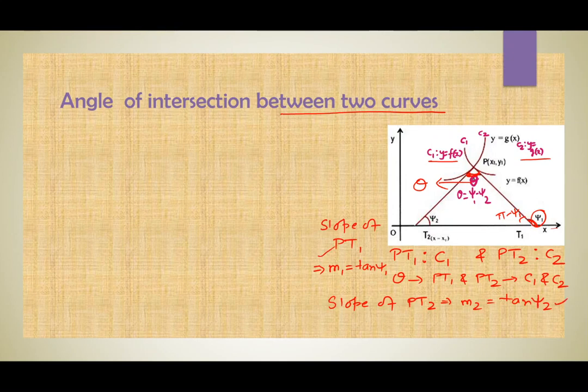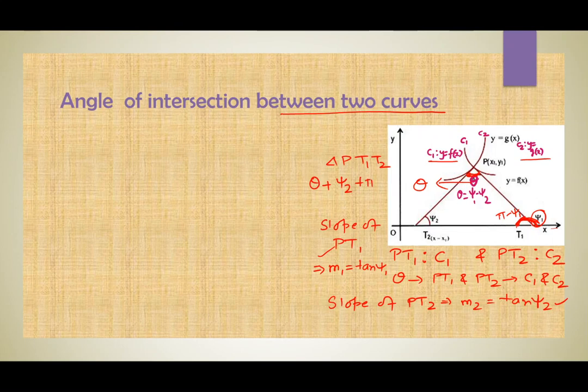And there is one last thing that all of you have to note. If you look at triangle PT1T2, then you can see that this angle theta plus this angle psi 2 plus this angle. Now, the complete angle here is 180 degrees, that is pi radian. So this interior angle of the triangle is going to be pi minus psi 1, because this exterior angle is psi 1.